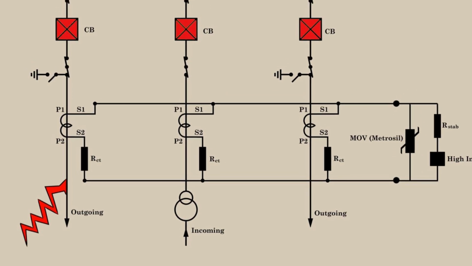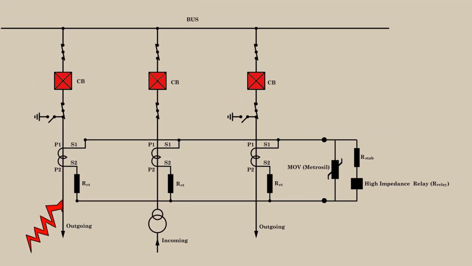But as the fault occurs here at that point, the protection relay dedicated for this feeder, or you can say activated with this feeder, will actuate the tripping of this particular circuit breaker and isolate this feeder from the system. But the differential relay will not operate in that case.